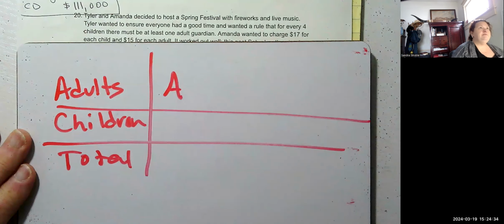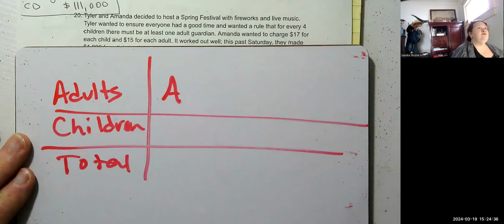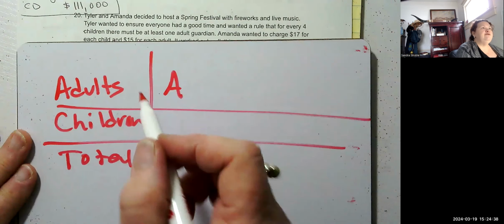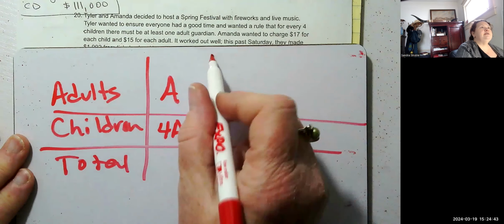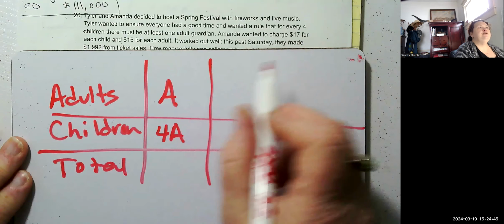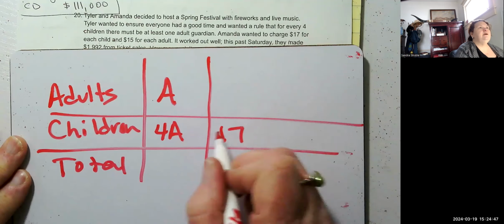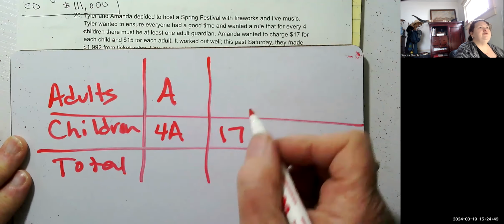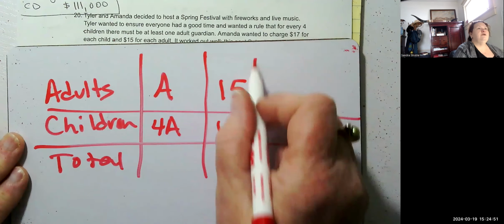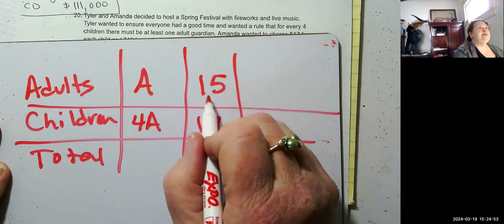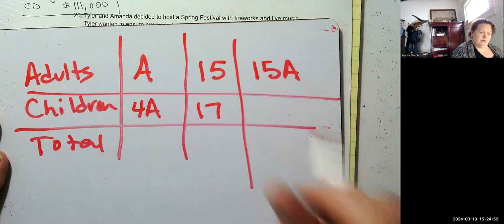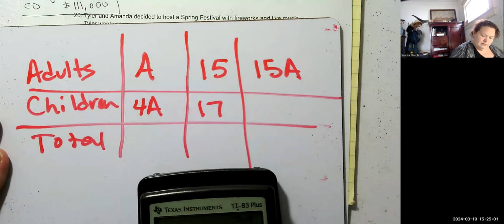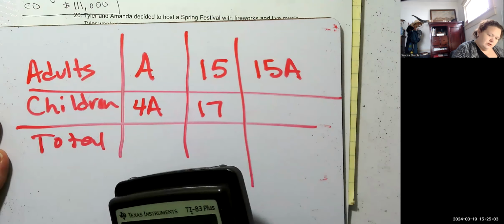Adults are A. There are going to be 4 times as many children as adults, so 4 times adults. And then we need pricing. $17 for children and $15 for adults. To where we'd have to go 15 times A and 17 times 4A, which is what? 68.